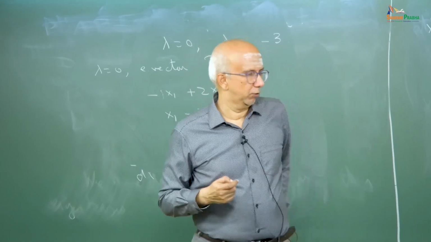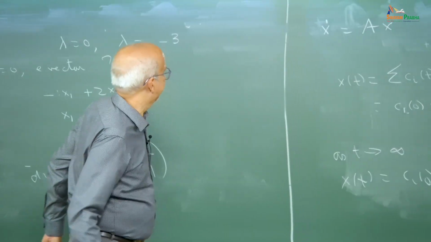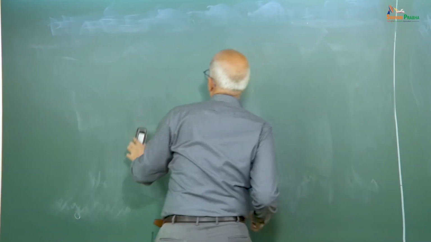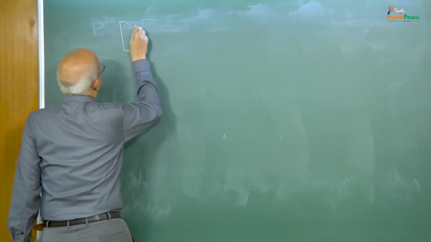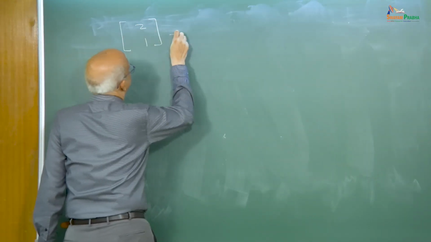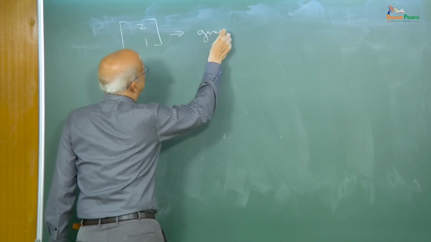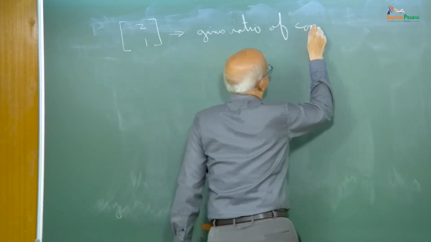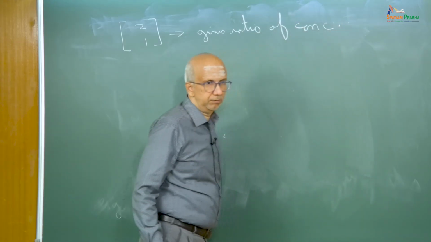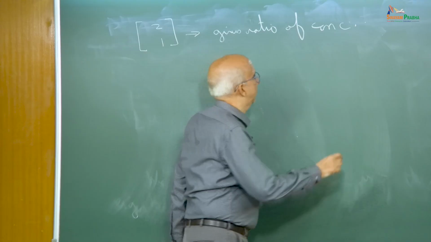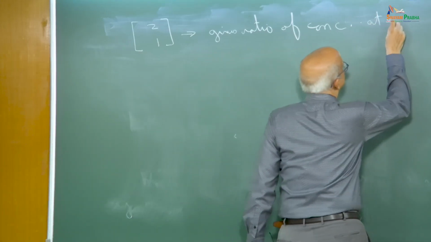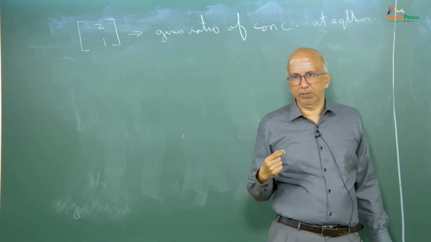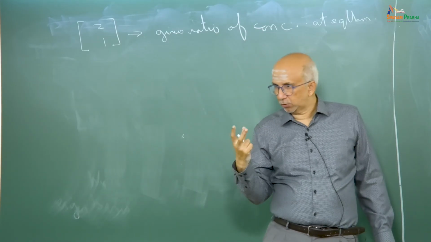So, the eigenvector gives the concentrations at equilibrium. I know that the ratio is 2:1. I do not know what the actual concentration is.